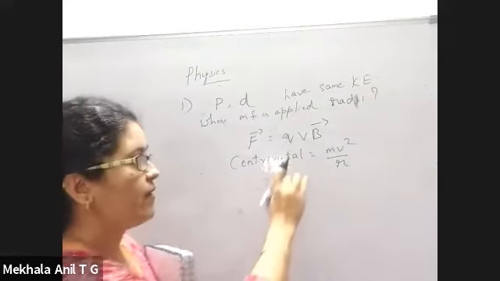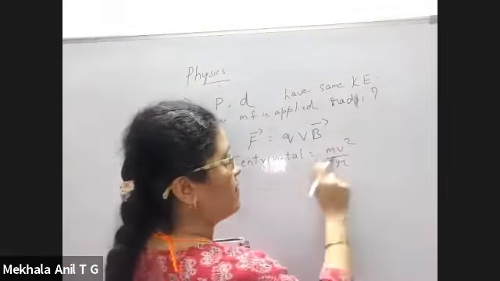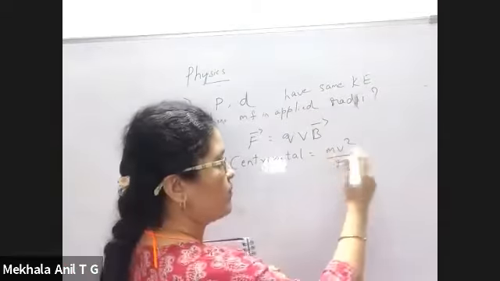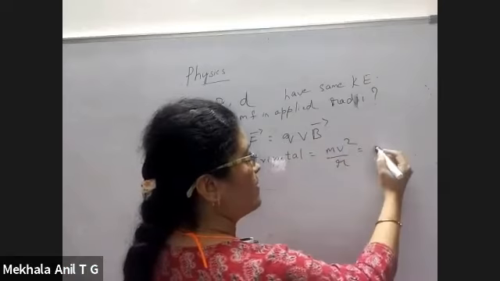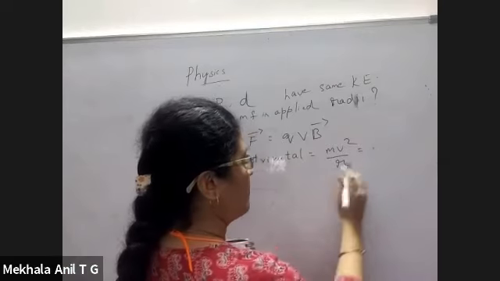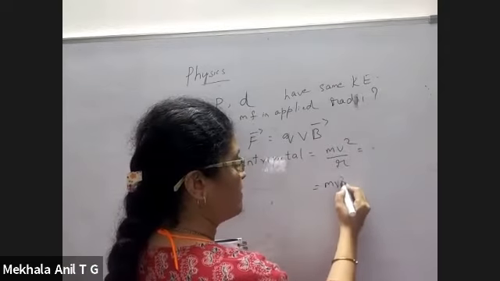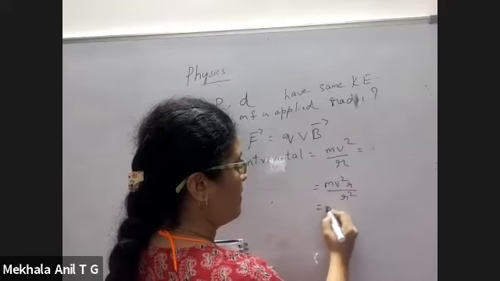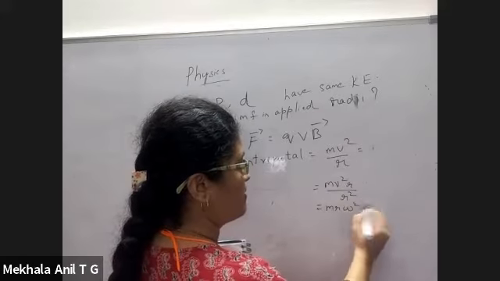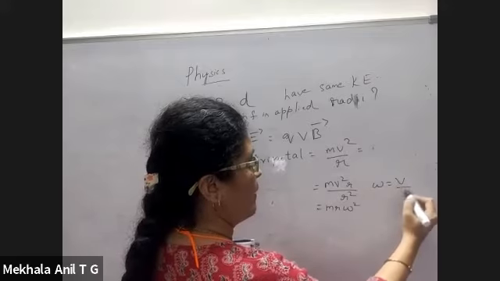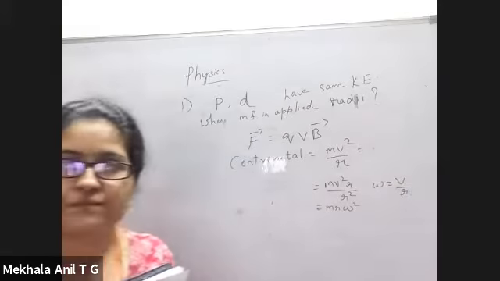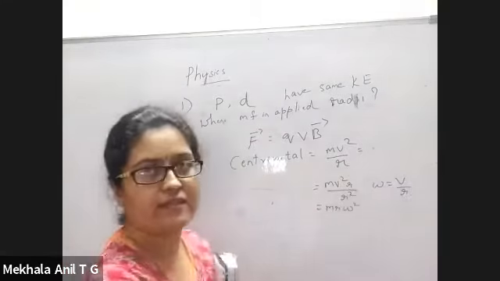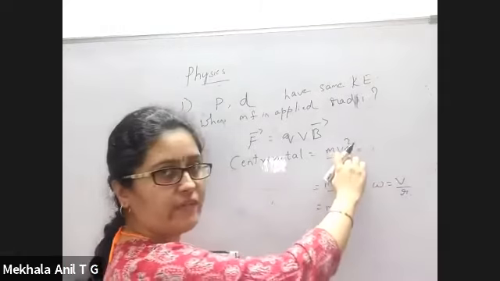I don't know whether you know this way or not, but you can also write this as m r omega square, where omega is nothing but v by r. Omega is the angular velocity and v is the linear velocity.